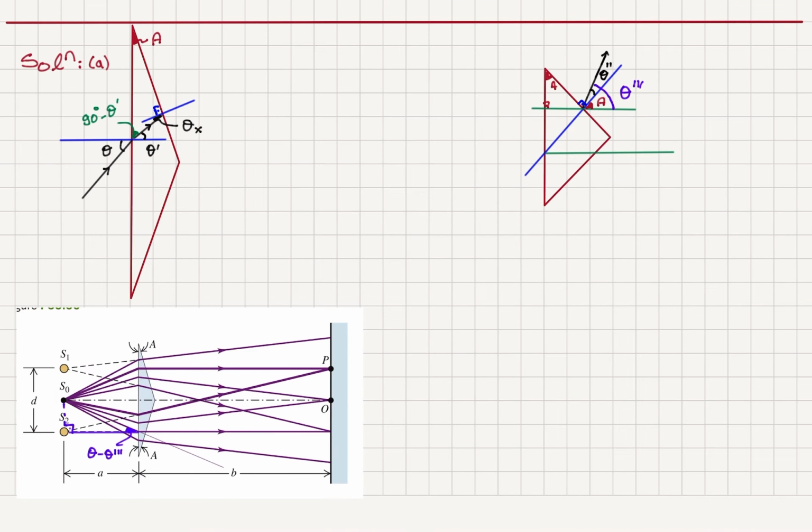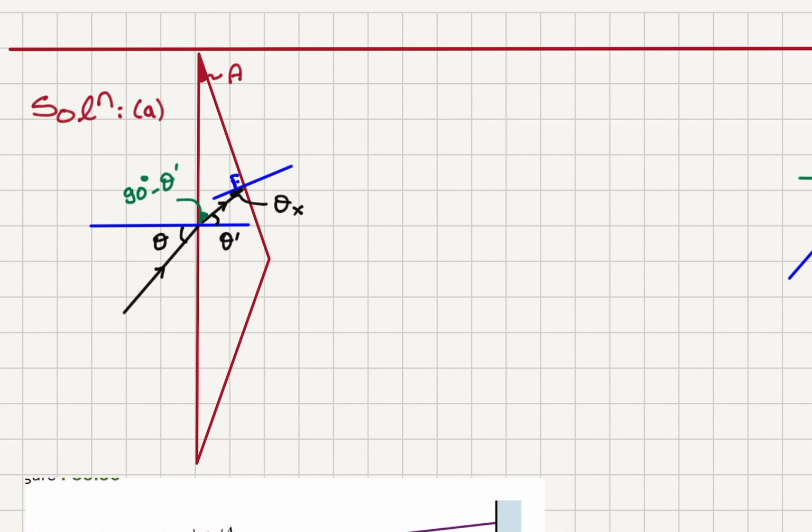So if light comes and hits this prism at an angle theta, it is going to get refracted when it enters the prism, making an angle theta prime with respect to the normal, such that the angle it makes with this axis will be 90 minus theta prime. Now, how do we find the relationship between theta prime and theta?